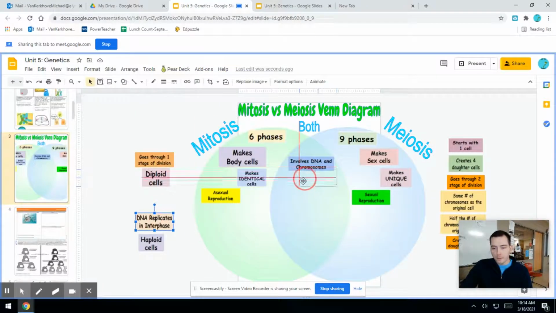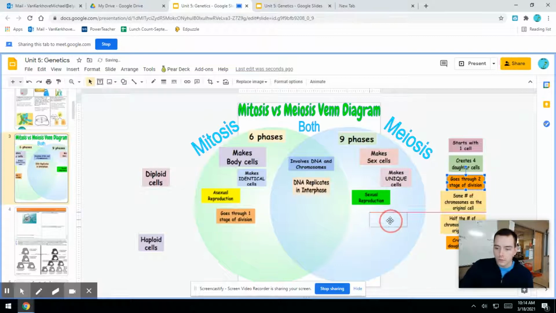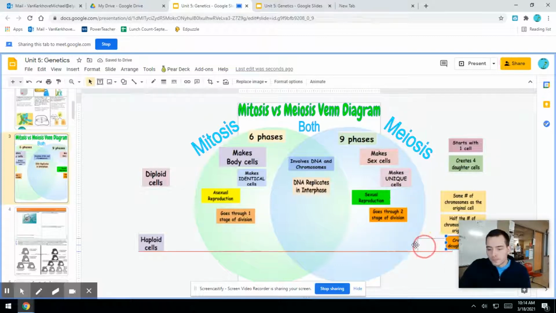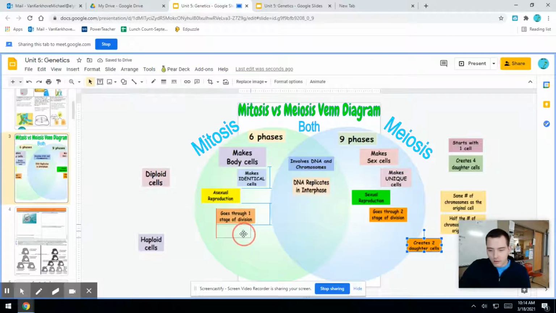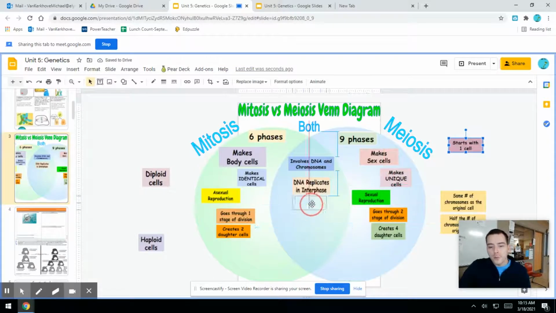That happens before both mitosis and meiosis. Mitosis is one stage, meiosis is two. Creates two daughter cells would be mitosis. There are 4 daughter cells in meiosis. They both start with one cell.